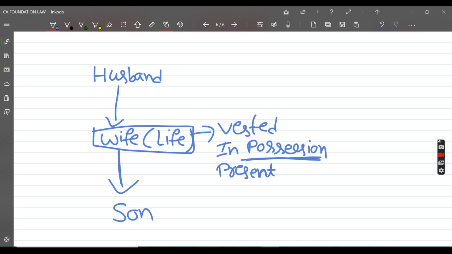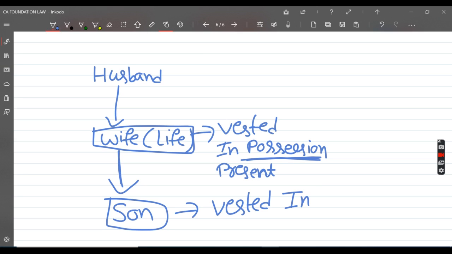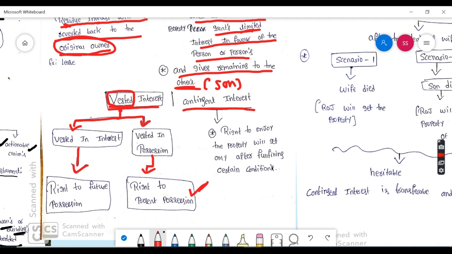Then son has vested interest. When will the son get the possession? In future, right? So if it is vested in interest, it is right to future possession.